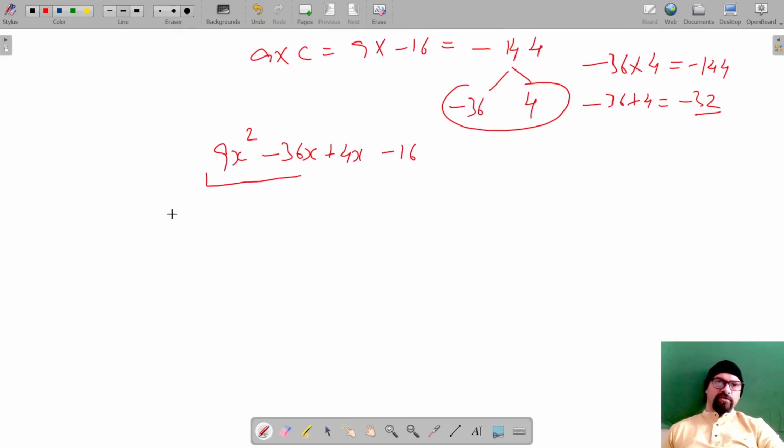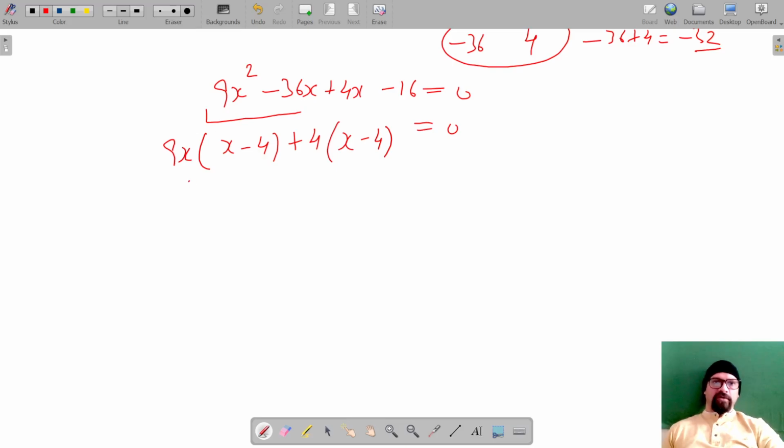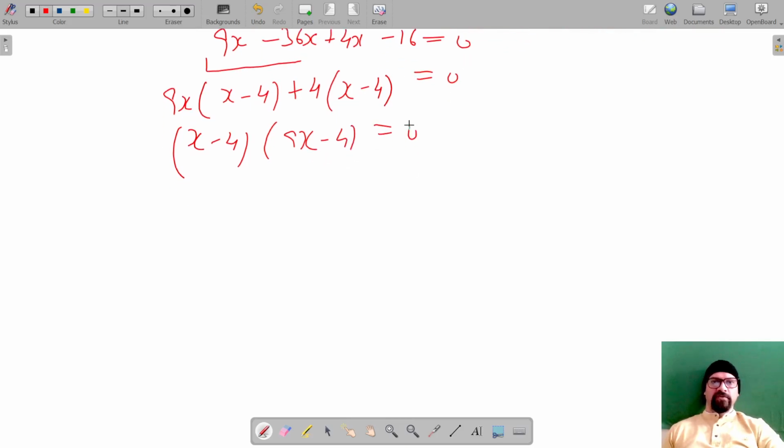For the first two terms, the common factor is 9x, so this is x minus 4, and here the common factor is 4, giving 4 into x minus 4, which is equal to 0. So x minus 4 is common, and this is 9x plus 4 times x minus 4 equal to 0. Either x minus 4 is 0 or 9x plus 4 is 0.